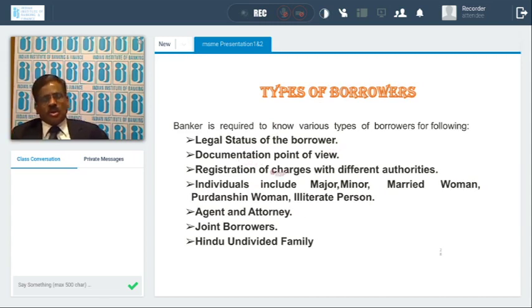Maybe it could be a proprietorship, a partnership, a company, maybe an LLP, maybe a one-man company. So these depend upon the legal status of the borrower. We'll be analyzing the borrower separately.